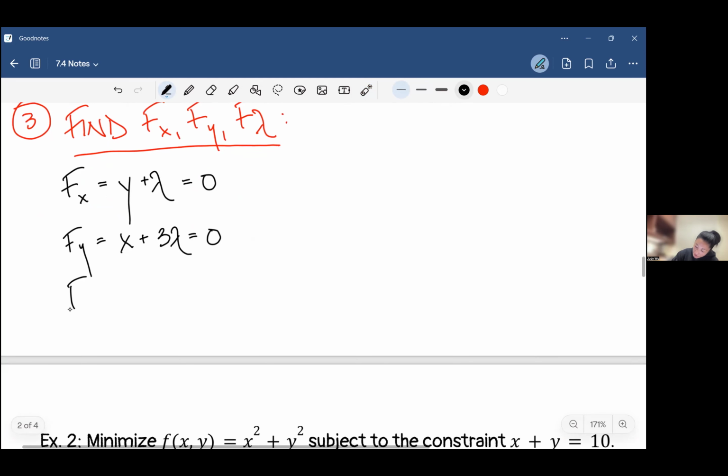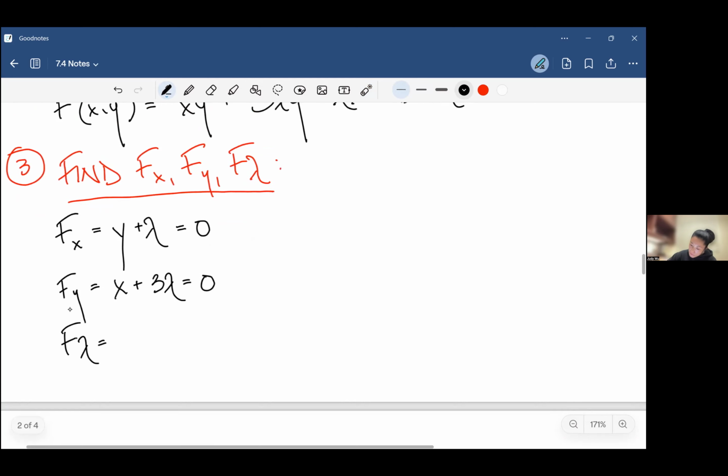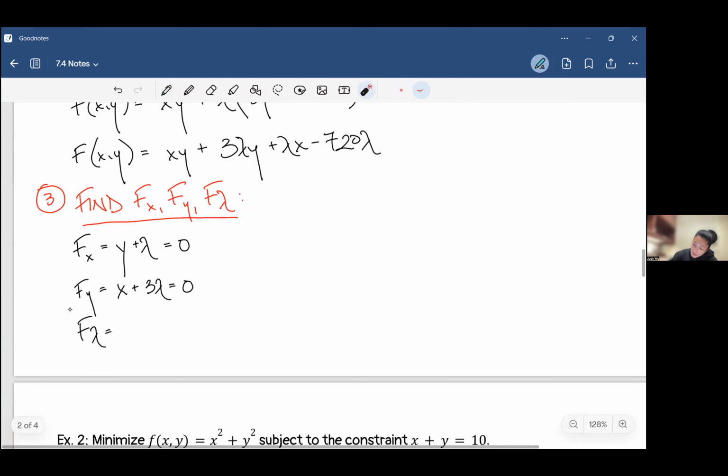We're going to find our f lambda. Okay, xy is going to go to 0. 3 lambda y is going to go to 3y. Lambda x is going to go to x, and minus 720 lambda is going to go to minus 720, equals 0. Okay.